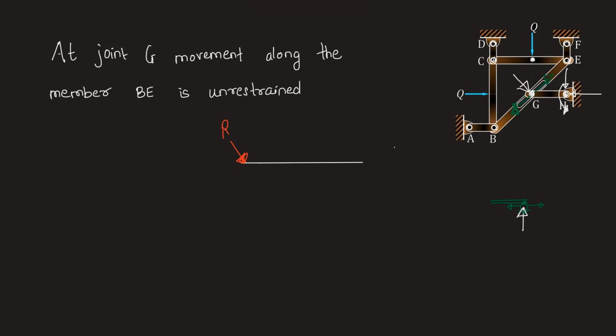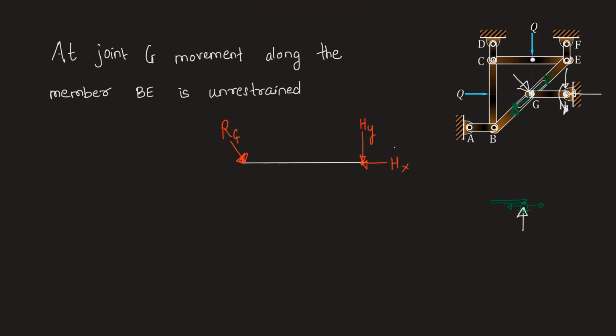Let this be the reaction at G, RG, and these will be the horizontal reaction at H, let this be HX, and the vertical reaction at H, let this be HY. I have assumed it to be downward. You can assume whatever direction you want to, because at the end we will get the correct direction.